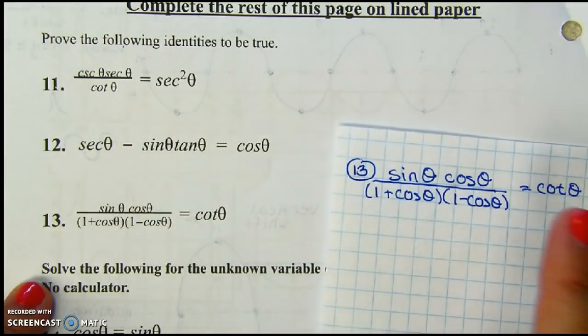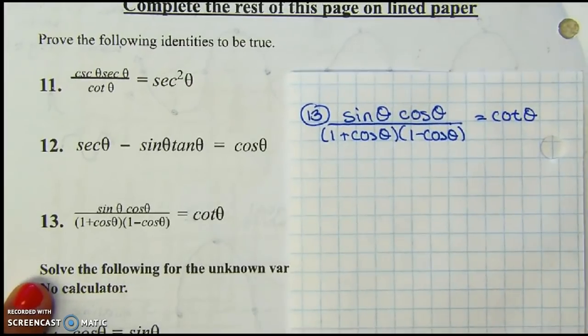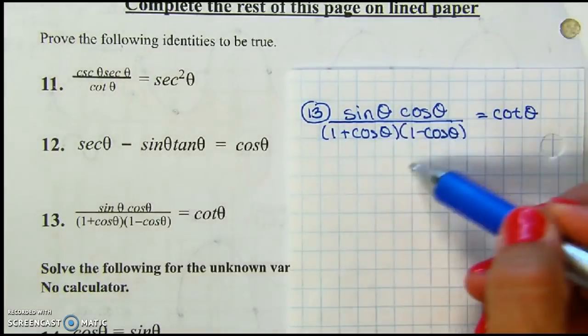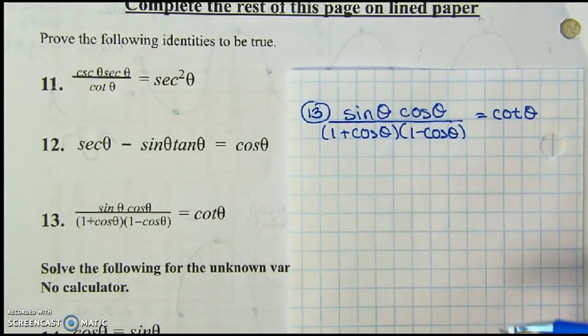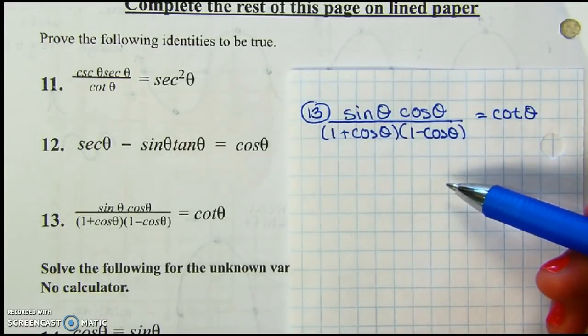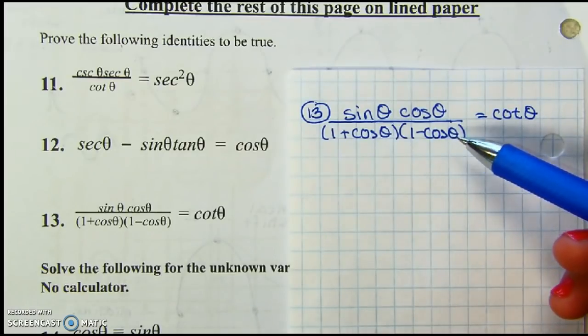So here we are at 13. And usually, not all the time, but usually rule number 1 is change everything to sines and cosines, but we already have that. Rule number 2 would be to add fractions, but there are no fractions to add. So rule number 3 would be to do a division of fractions. There's nothing there.